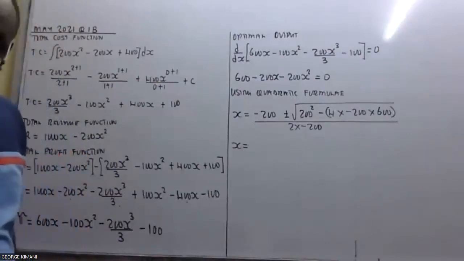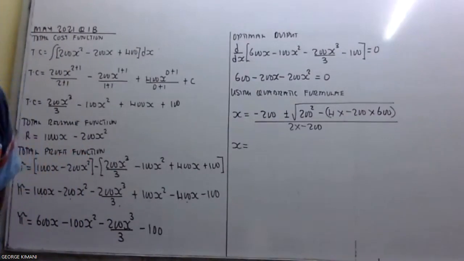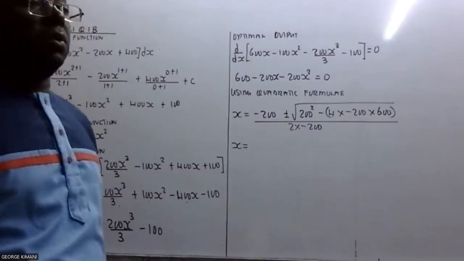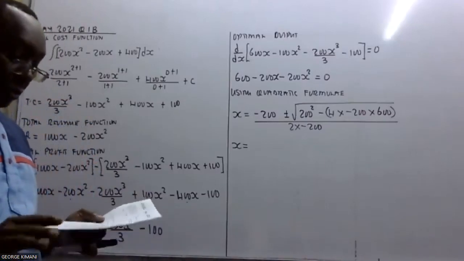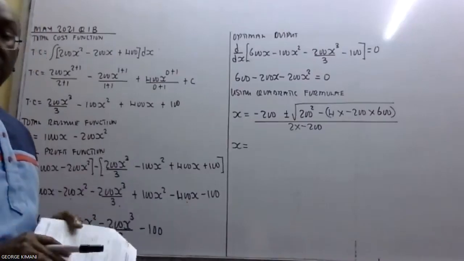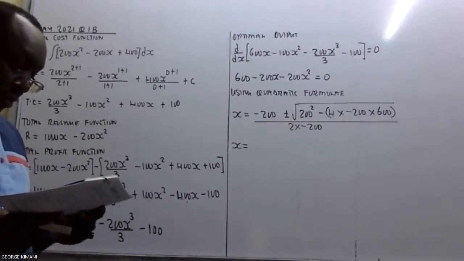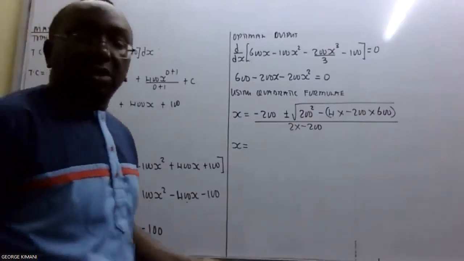Waiting for the answer. Minus 1.3 or 2.3?